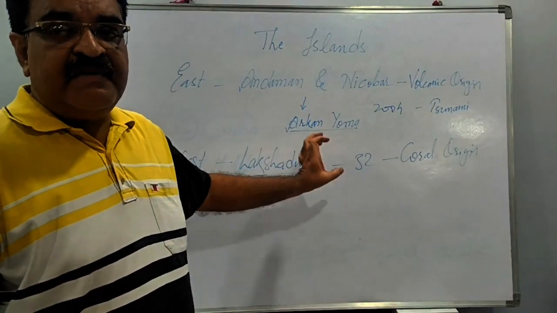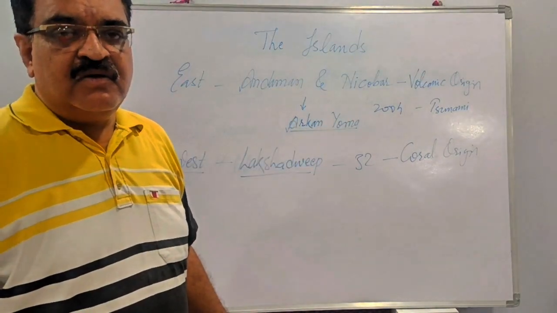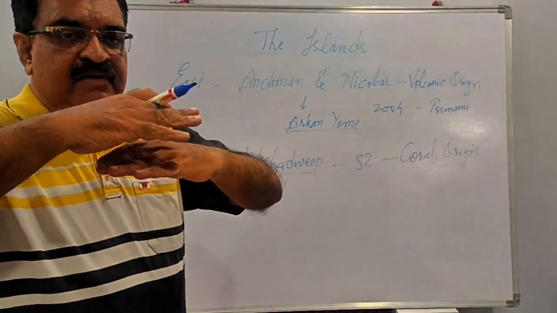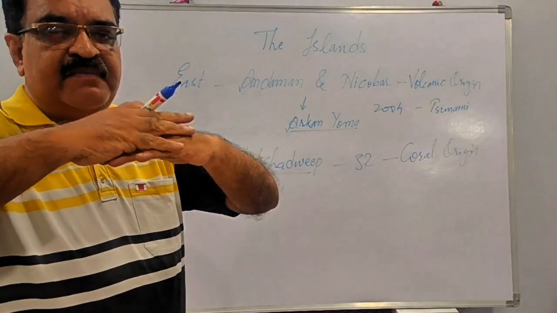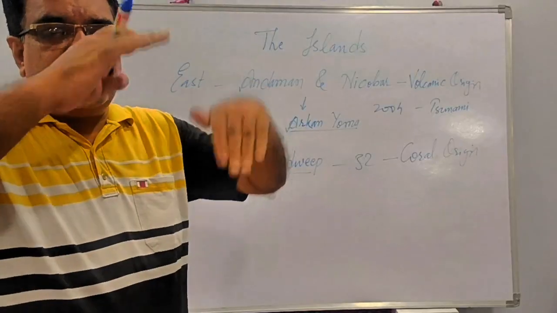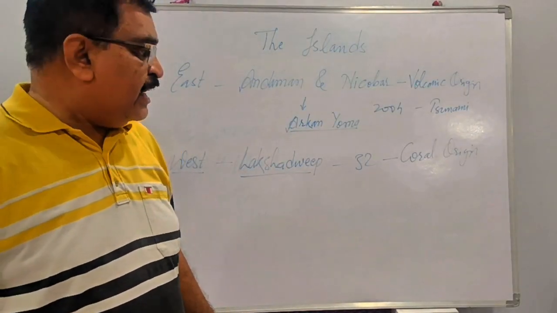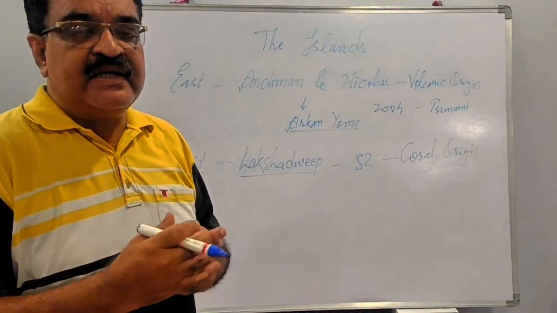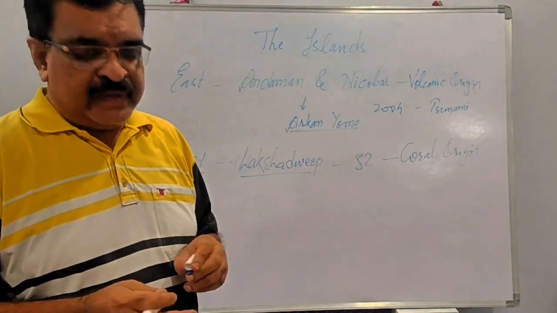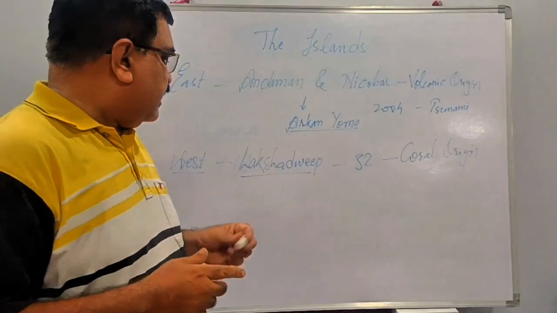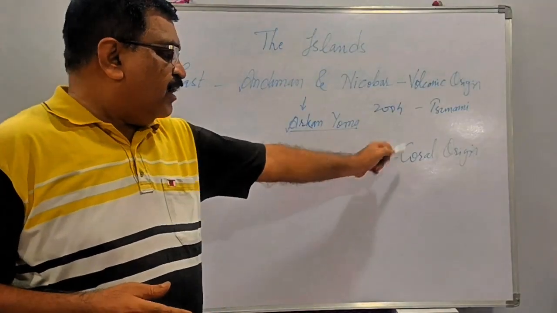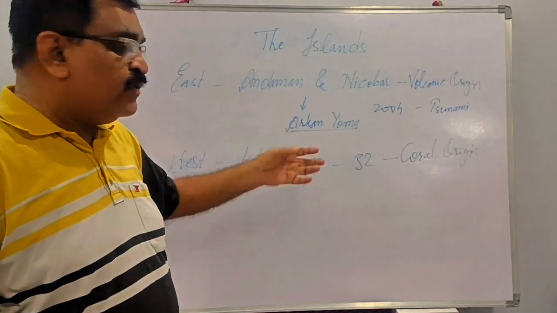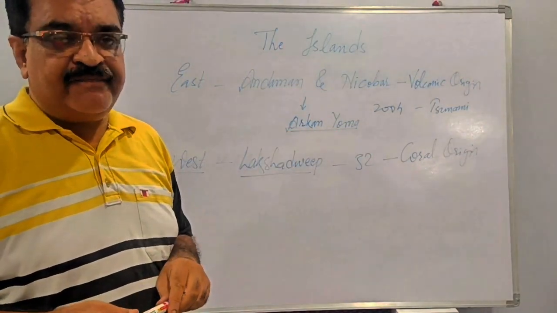When sea animals and plants die, their dead remains get deposited layer after layer, and after hardening of those layers, it gets converted into coral. So the Lakshadweep Islands are of coral origin, and different types of flora and fauna are found in the Lakshadweep area.